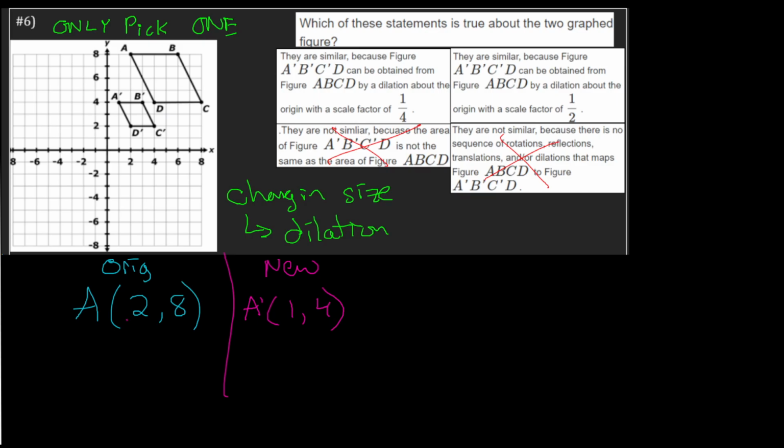What did I multiply by to get from my original to my new? I'd have to multiply by a number less than 1. So I can say a dilation with scale factor of 1/2. This works because if I multiply each of these coordinates by 1/2, I get my new point. It's half the distance away from my origin, so I know that's going to be right. So I'm going to pick that top right choice as my answer.